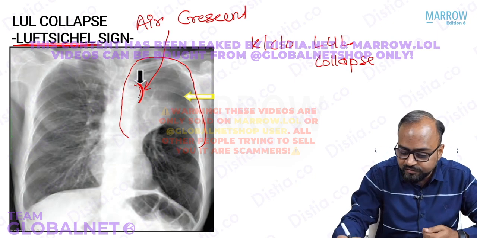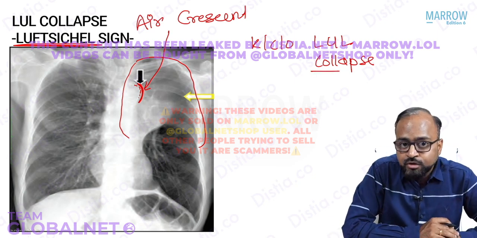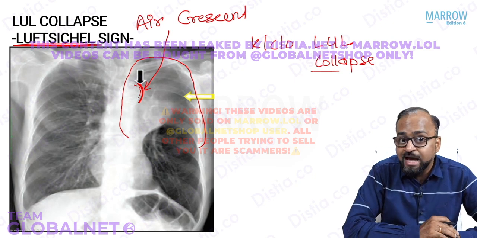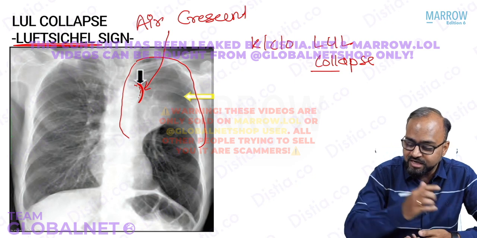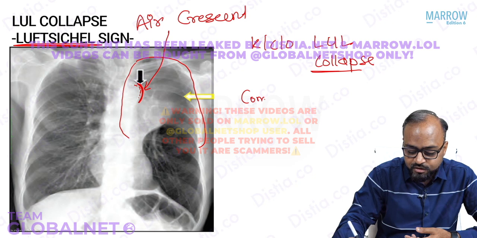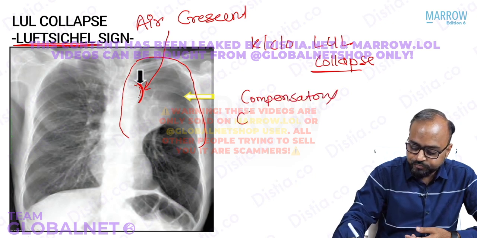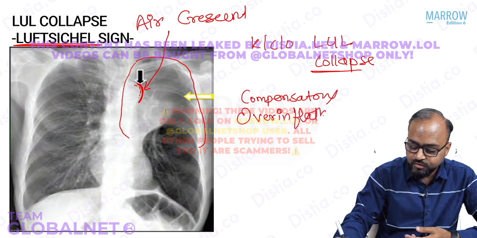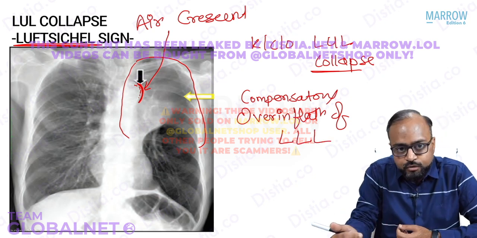But how is it that in left upper lobe abnormality, the aortic knuckle is seen? Because left upper lobe lines the aortic knuckle. So aortic knuckle should be absent here. The margin should be absent. What happens basically is that because there is left upper lobe collapse, there is compensatory overinflation of left lower lobe. In the left lung, there are two lobes, left upper lobe and left lower lobe.